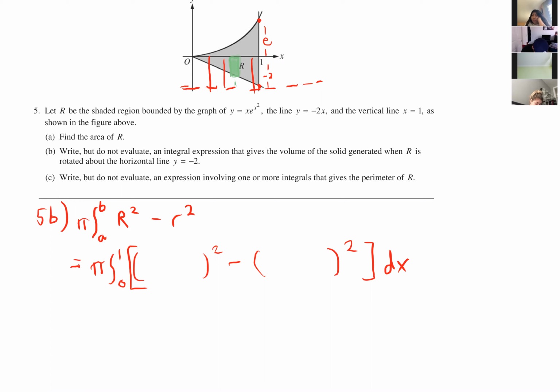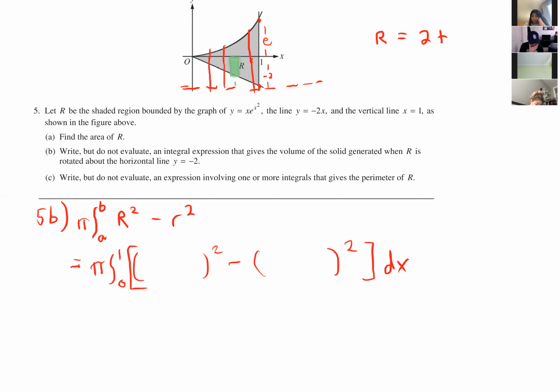Oh, wait, just kidding, we're going to have to do the whole figure. It is changing. So this is changing as you go from left to right. So you need an expression to represent the big radius. The big radius is going to be 2 plus the y-coordinate of the curve.